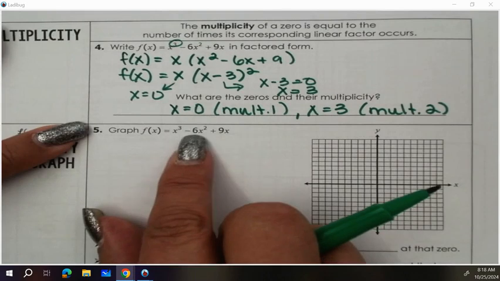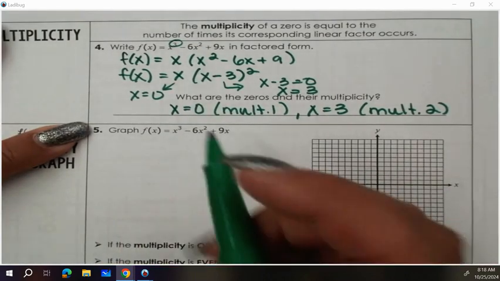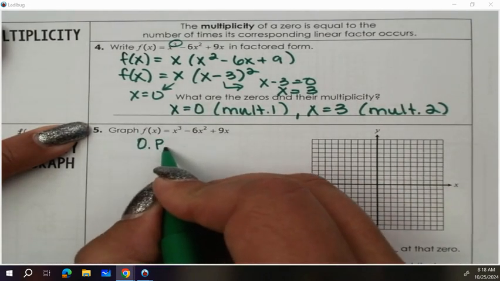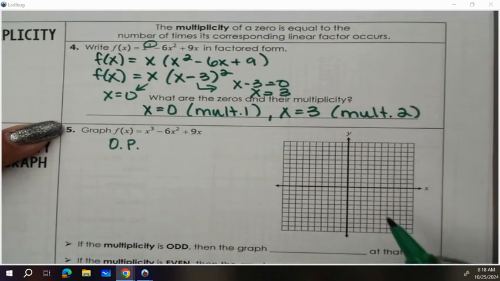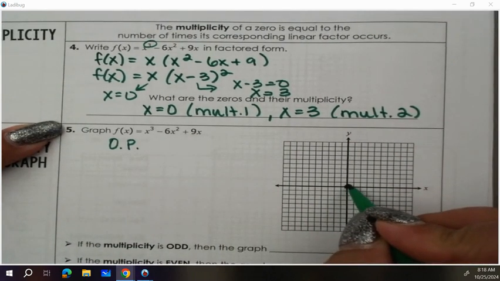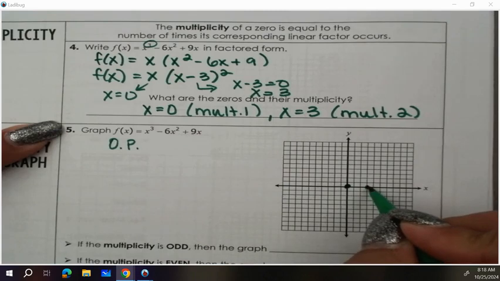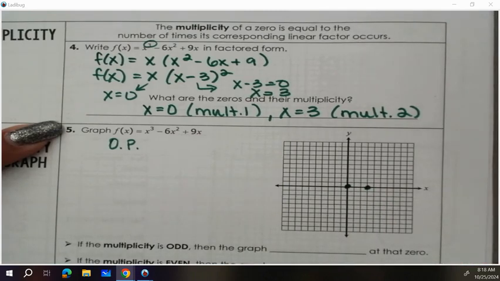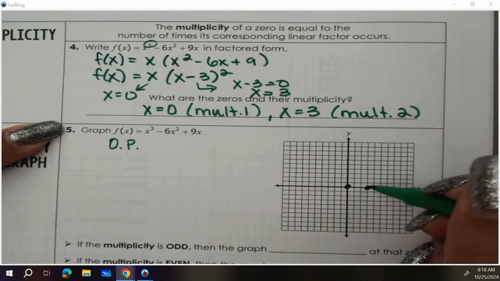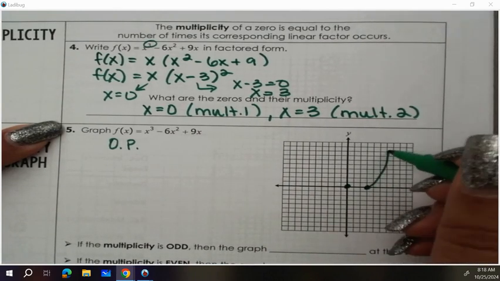So this is the same graph here. It's odd and has a positive leading coefficient. (0, 0), (3, 0). So if it's odd positive, I have to go up on this end.